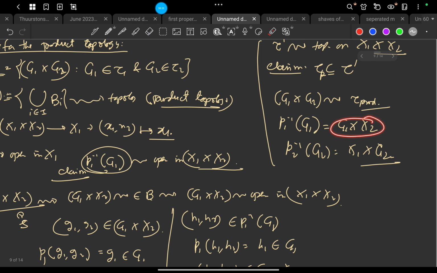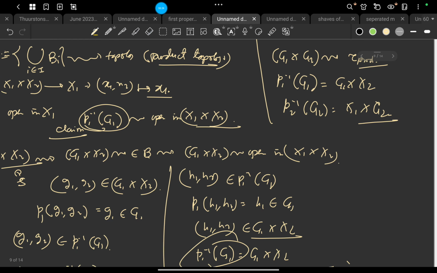That means G1 cross X2 has to be open, and X1 cross G2 has to be open. If I take the intersection of G1 cross X2 and X1 cross G2, I will just get G1 cross G2.